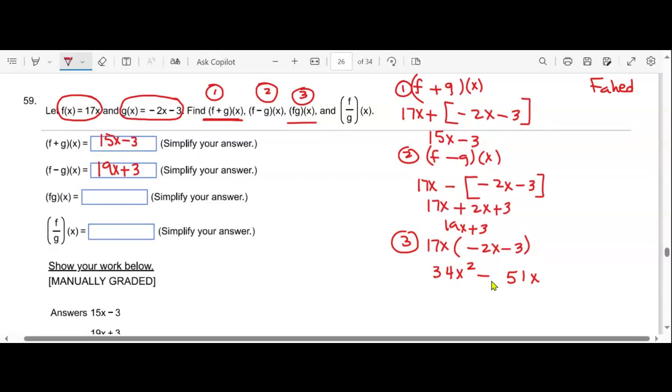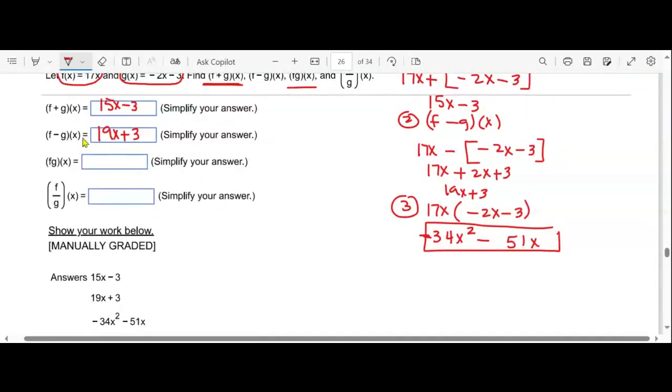Correct. 51 what? X. Now, shouldn't we put minus instead of x? Yes, I was testing you to see if you are paying attention. So the answer here is negative 34x squared minus 51x. Can you do that? Next one, number 4.